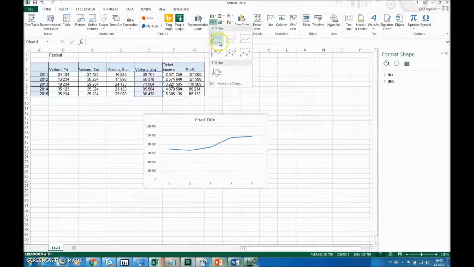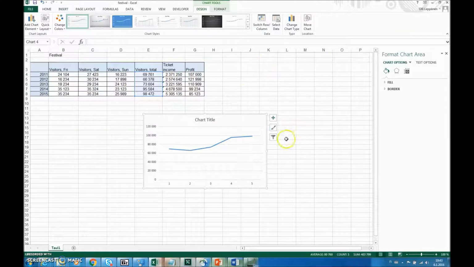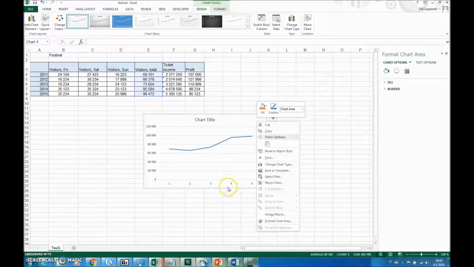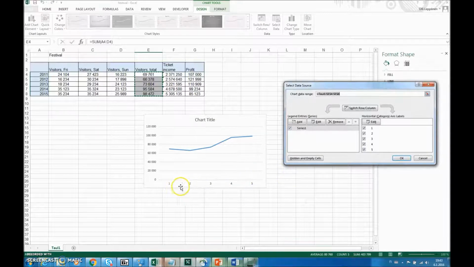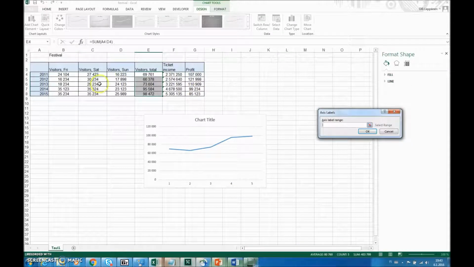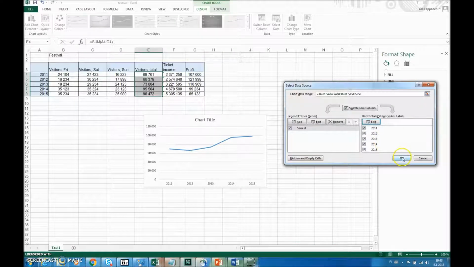So I will create the line chart out of this, and again I have to put the legends here manually. So I will edit this and use the years here like that.